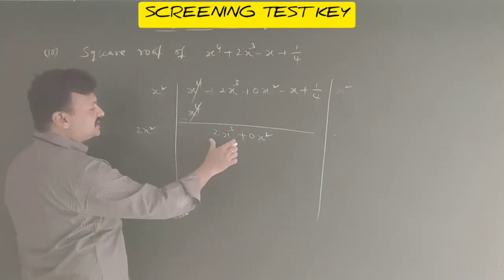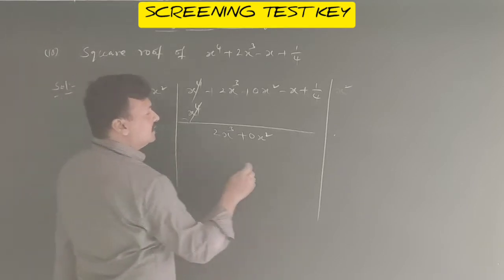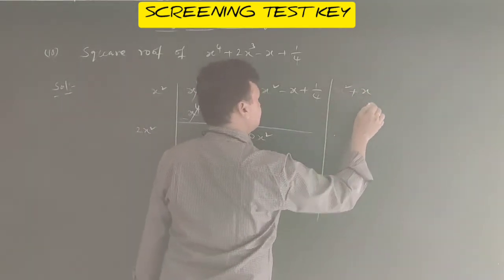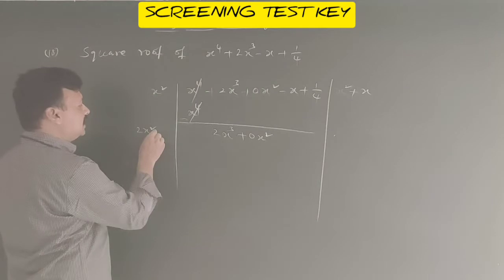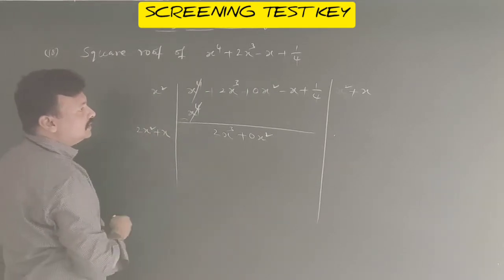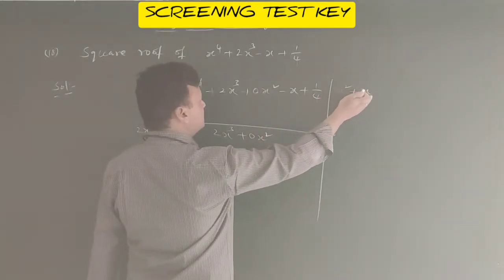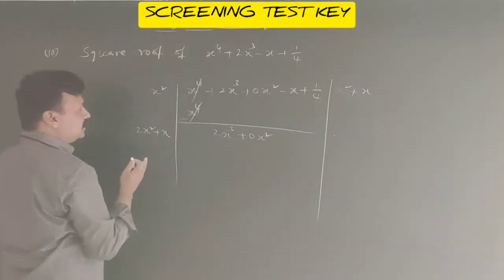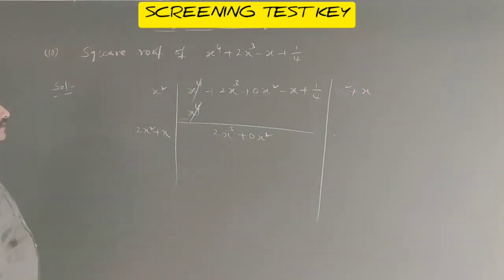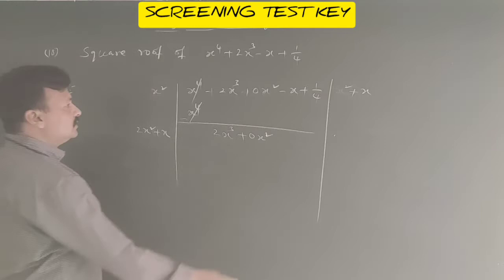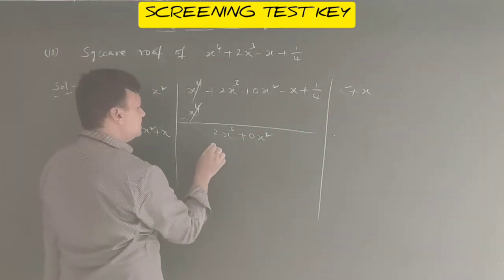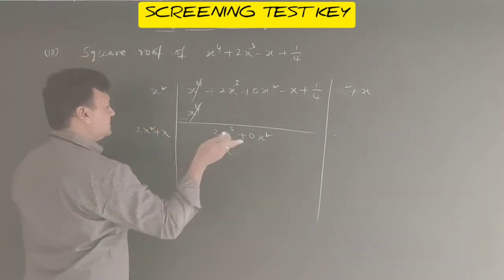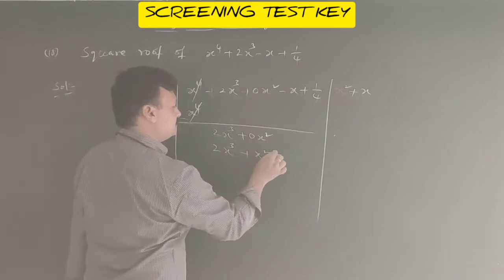If you divide 2x cube by 2x square, you will get x. So now the new quotient is x. The new divisor is 2x square plus x. So x into 2x square, 2x cube, x into x, x square.